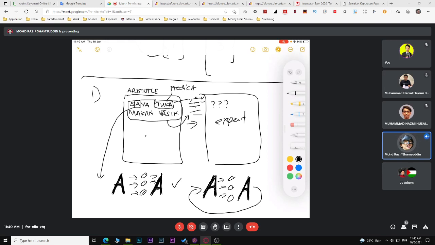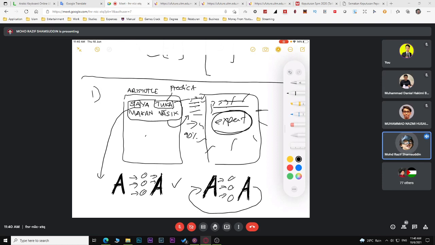So lepas tu the next baru expert akan check betul tak dia punya translation dia ataupun dia punya document retrieval is it accurate. So adalah percentage of accuracy, dia kata 90% accuracy pun dah cukup untuk expert tu identify apa sebenarnya text tu all about. So expert ni dia punya job dia tak hilang pun, kita enhance dia punya job, right?